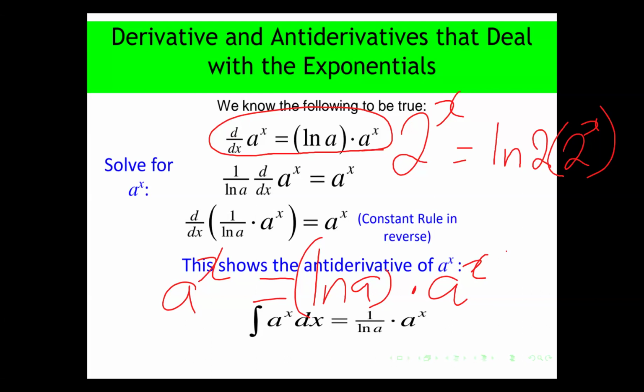So, yeah, that's how you go about these. That's on the constant rule, which is basically the reverse. If you're dealing with the natural logs, obviously it's the same stuff. That would be the reverse. If you deal with the natural log, the answer would just be that. Okay, it is the reverse.